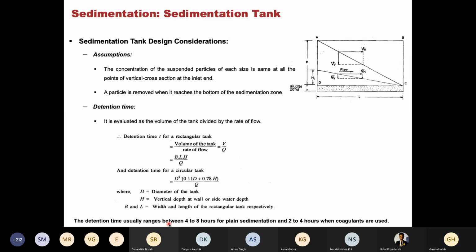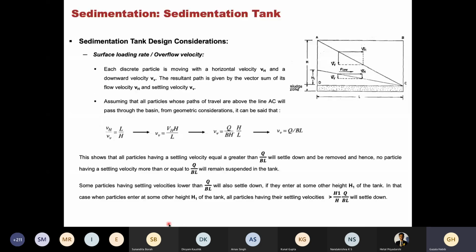Now, according to the theory, whatever particle is moving inside the tank with Vh and Vv will be removed if it strikes the bottom of the tank. That means all the particles having a velocity greater than this resultant velocity will settle down. Each discrete particle is moving with horizontal velocity Vh and downward velocity Vv, and the resultant path is given by the vector sum.